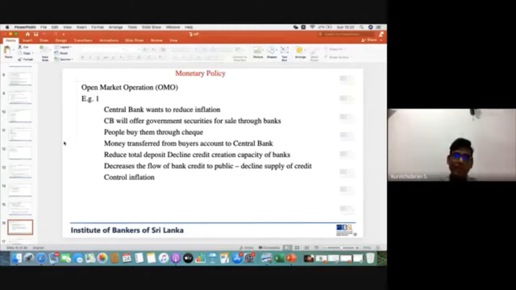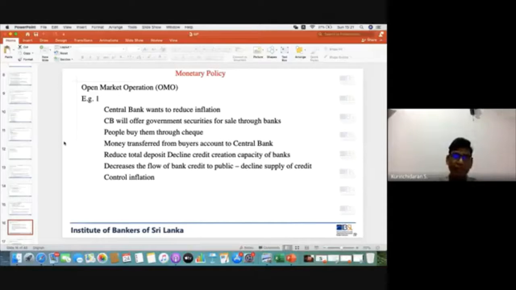Let's see an example. People are going to buy government securities by paying by check. What will happen? Money is transferred from the buyer's account to the central bank account. So the money people are holding in their bank deposits will move into the central bank account.